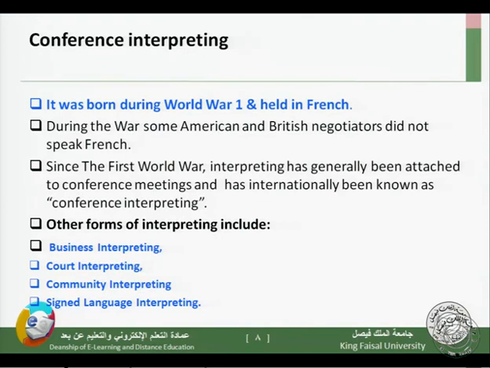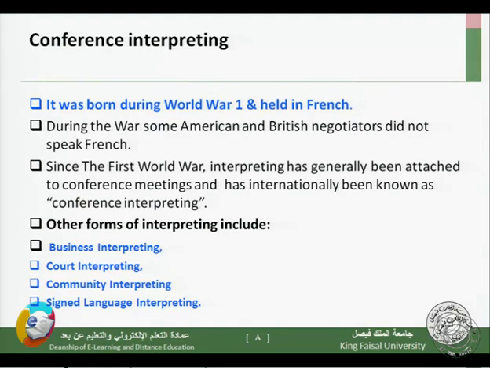So they couldn't understand French, so they had to interpret for them. And since then, interpreting has been used in conference meetings, but internationally known as conference interpreting. Conference interpreting is the most popular and the most important type of interpreting.